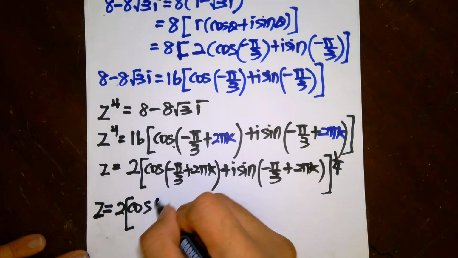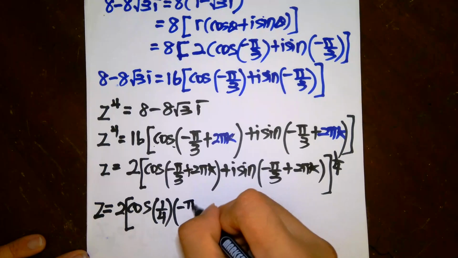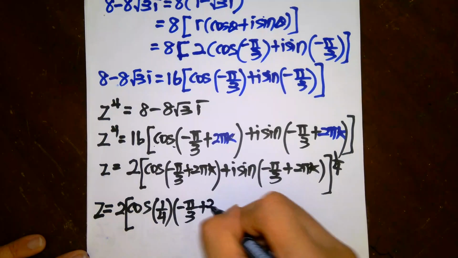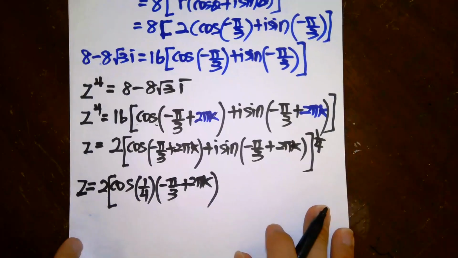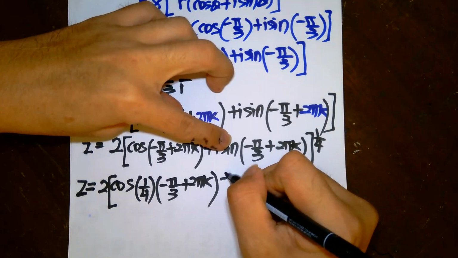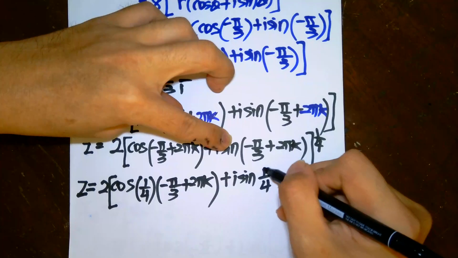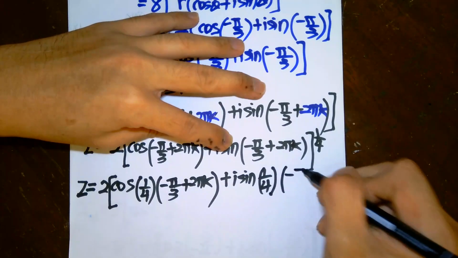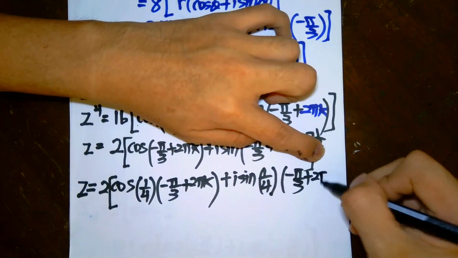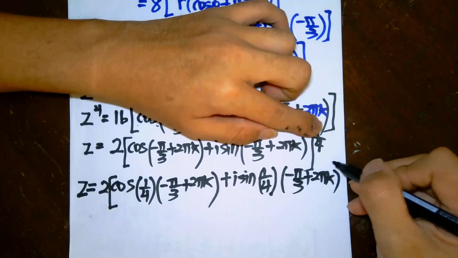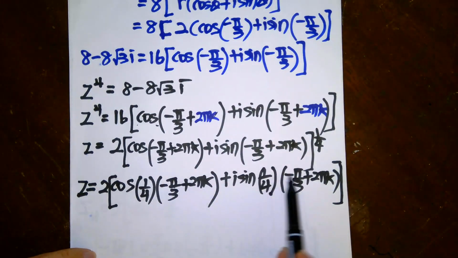and by De Moivre's theorem, the power n is multiplied into the theta, so which will be 1 over 4 multiplied with negative pi over 3 plus 2 pi k, plus I sine 1 over 4 negative pi over 3 plus 2 pi k. So applying De Moivre's theorem, I already wrote it in this form.